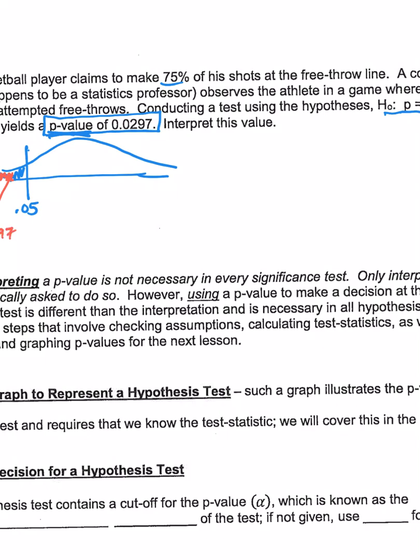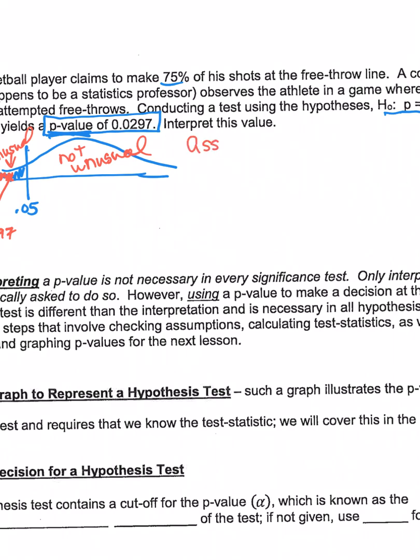So basically what you're asking yourself is, is this in the unusual region? If it's in that little shaded area, it's unusual, isn't it? Statistically speaking, it's unusual. So is this considered unusual? Yes. So let's interpret this value.